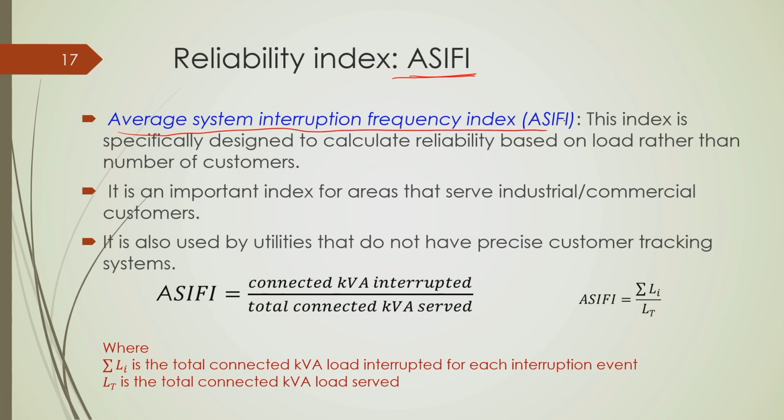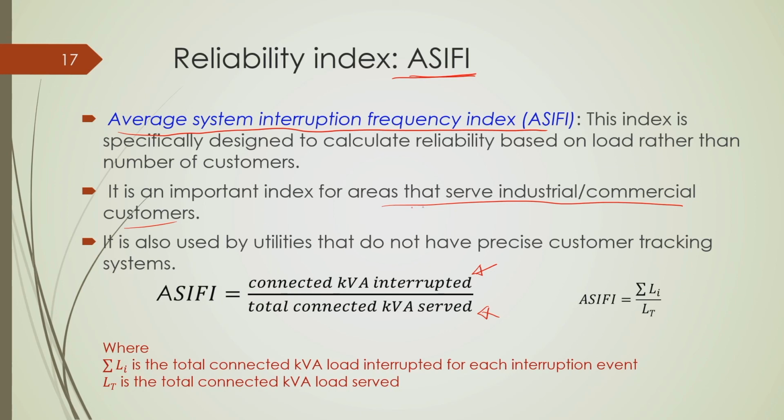Okay. The next index is ASIFI, the Average System Interruption Frequency Index. Here, this is an important index for areas serving industrial or commercial customers. Why are we saying so? Because ASIFI is basically a ratio of the connected KVA interrupted to the total connected KVA served. So, it gives how much KVA was interrupted with respect to how much KVA was served.